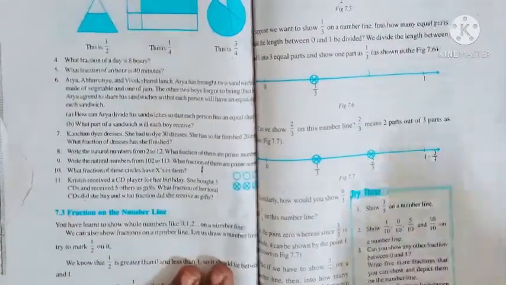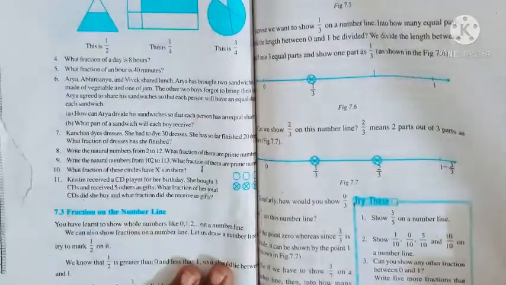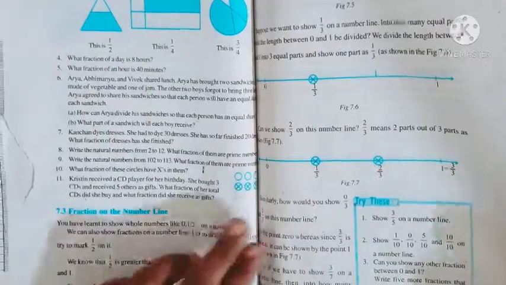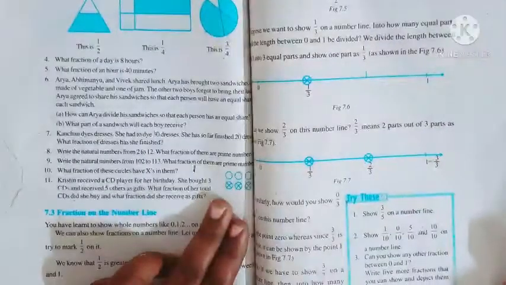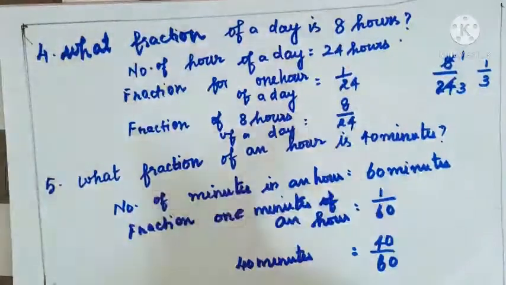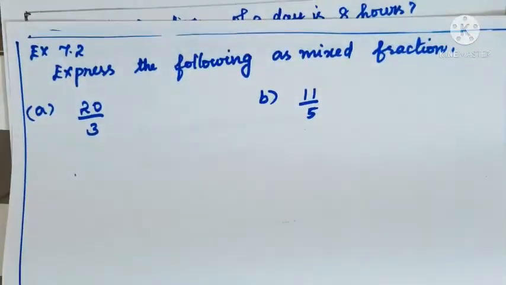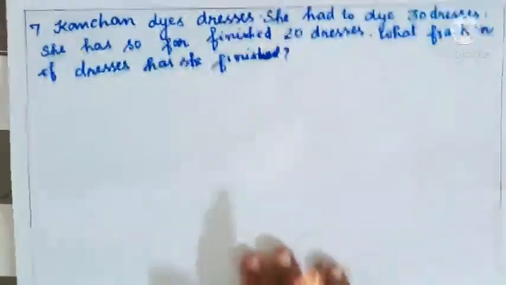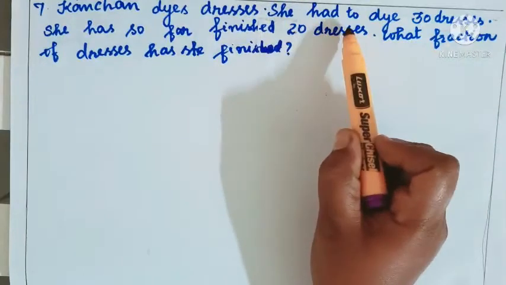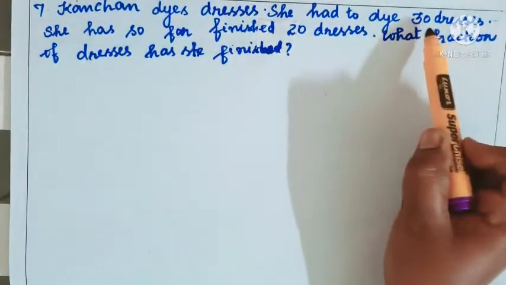7th question is, Kanjan dyes dresses, so she has to dye 30 dresses. She has so far finished 20 dresses. What fraction of dresses has she finished? Okay, what we are going to do is find out. So here, first what is given, you have to take and do it. She had to dye how many dresses? 30 dresses.